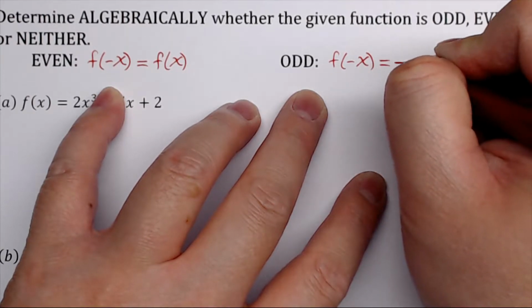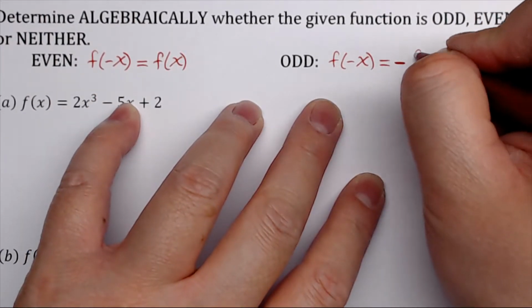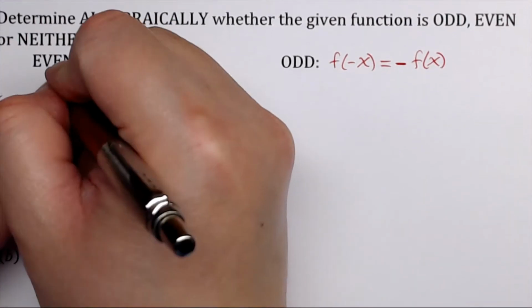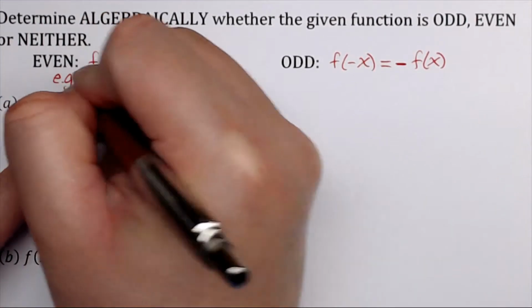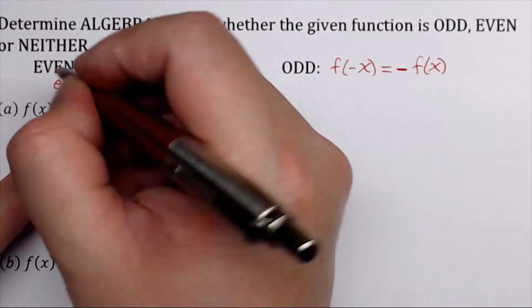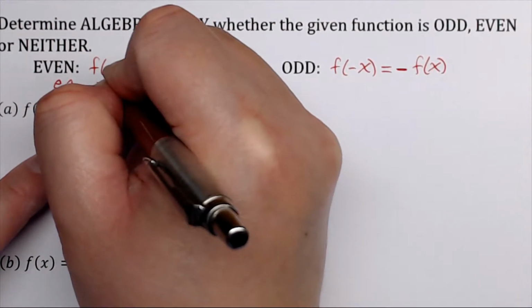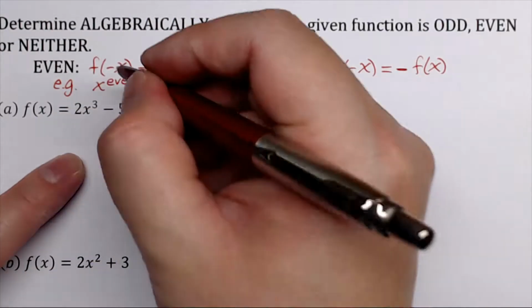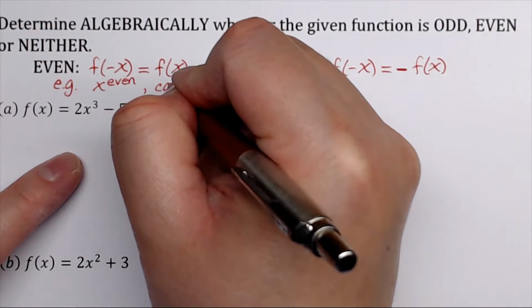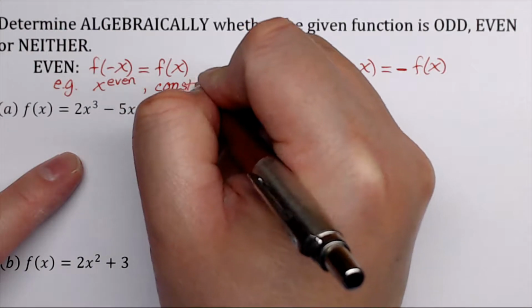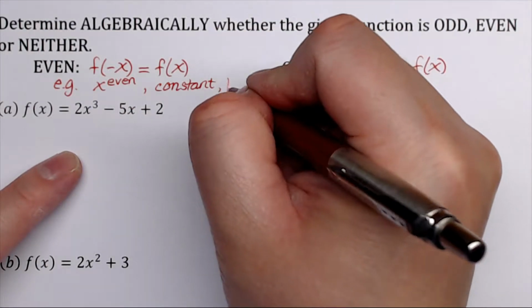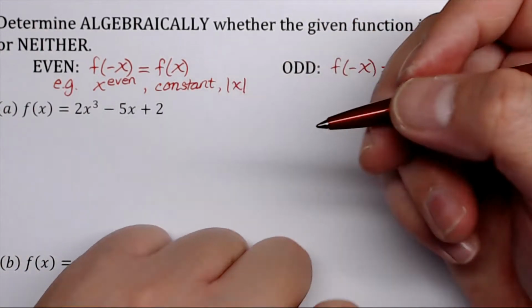The difference, of course, is just this minus sign. Some examples: for an even function, pretty much anything to an even power is going to be even. A constant is considered to be even, and absolute value of x is also even.